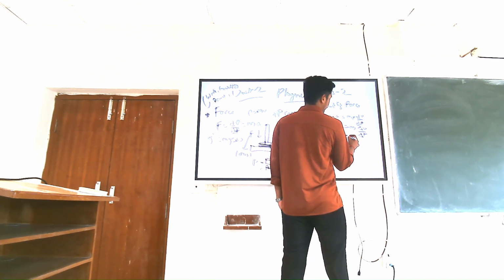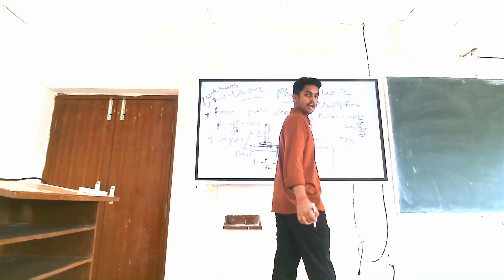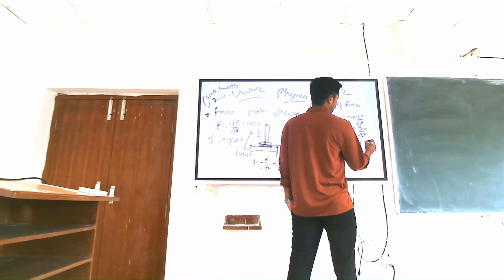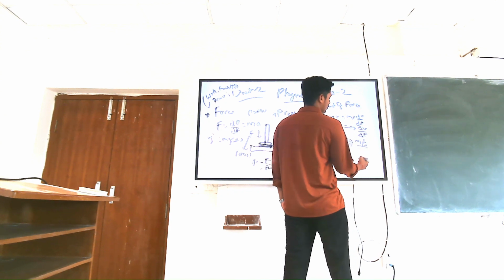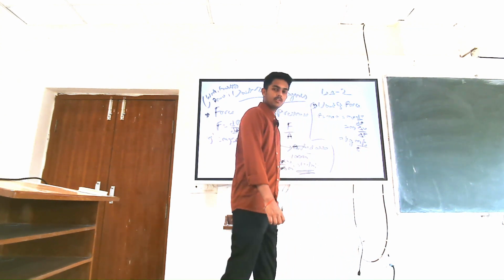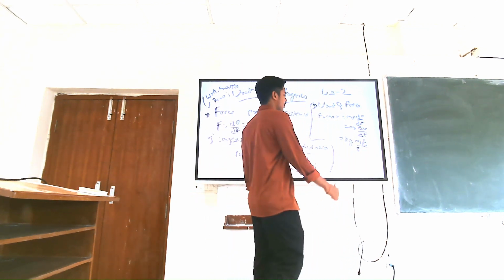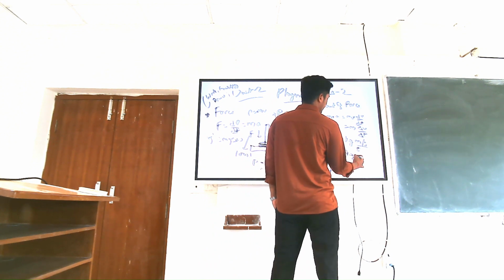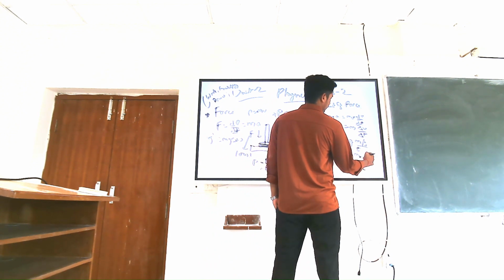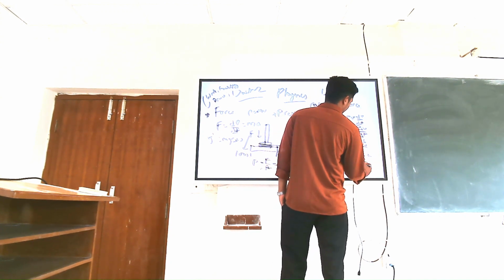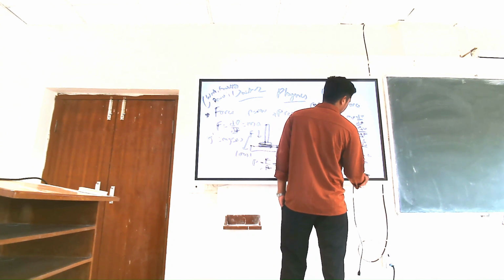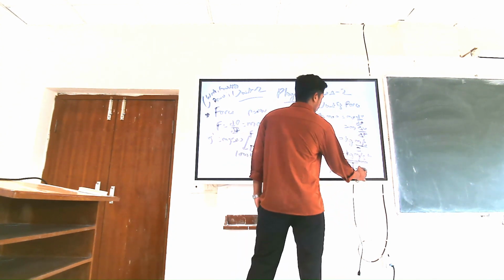For mass we have the standard unit kg, for velocity we have meter per second, and for time we have second. So kg meter per second square is the unit, and we have simplified this to Newton.